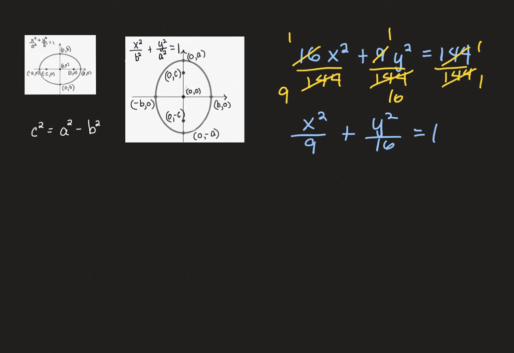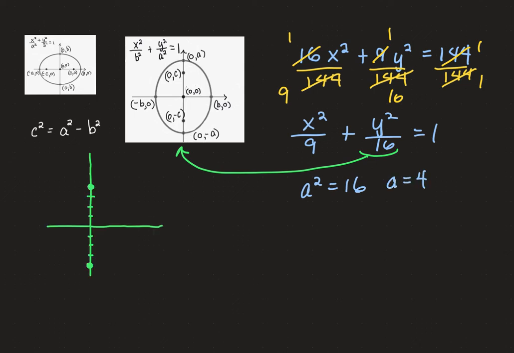Since y squared has the larger denominator, we have an ellipse whose major axis is along the y-axis of the Cartesian plane. Therefore, a squared equals 16 and a equals 4. So we can draw our vertices of the ellipse at 0, 4 and 0, negative 4.